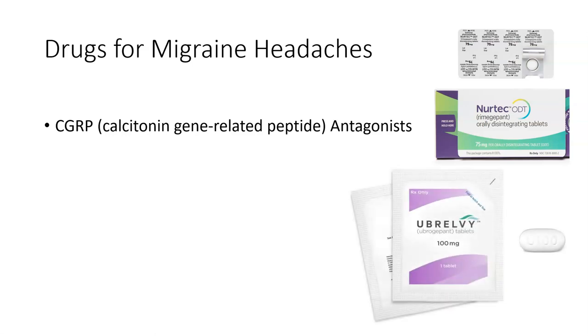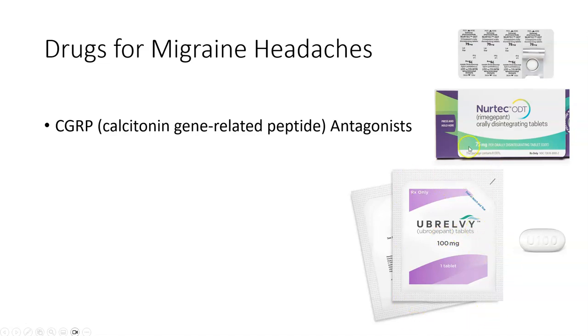And then we have ubrogepant, which is Ubrelvy. I know Serena Williams is on the TV ad for one of these, and Khloe Kardashian is on the TV commercial for the other. So these are both going to be orally dissolving.